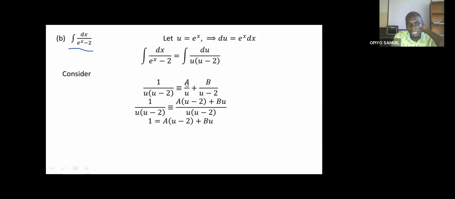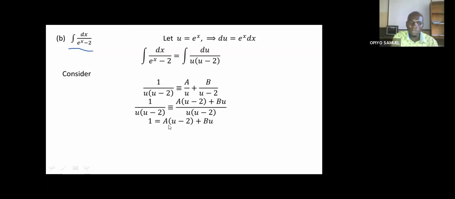So we have the first factor, a over the first factor plus b over the second factor. And from here, we get the LCM, and then we do the manipulation. So we see that 1, the numerator, equals a times u minus 2 plus bu.